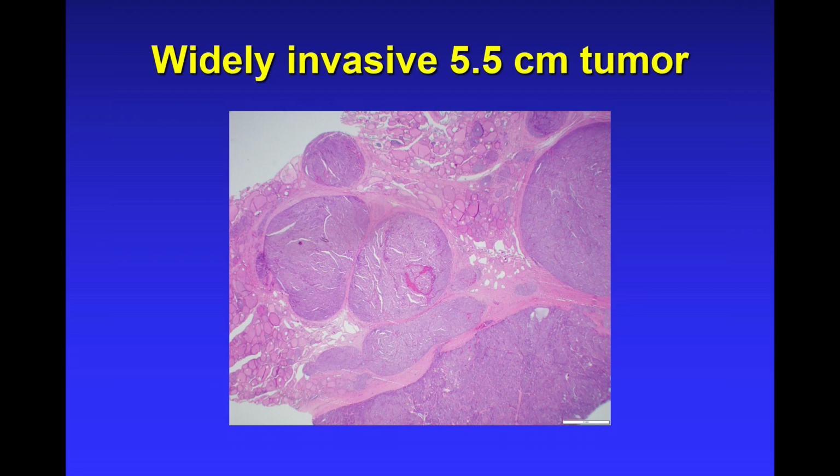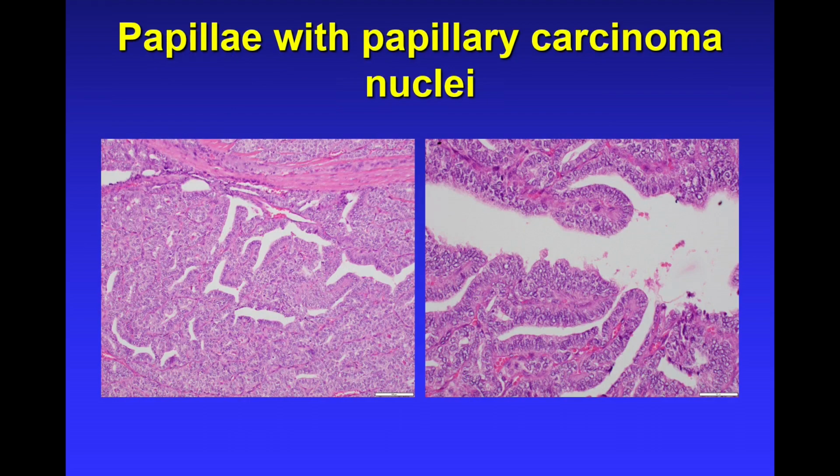And the first thing you notice is that this is clearly a widely invasive tumor. It was really big, 5.5 centimeters. And when you look carefully, you have really two areas. Some areas where there are papillae formations with the nuclear features of the papillary carcinoma family of tumor, with clear irregular nuclei.